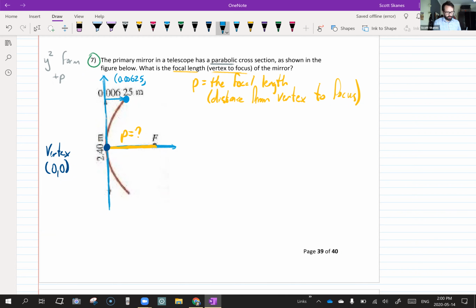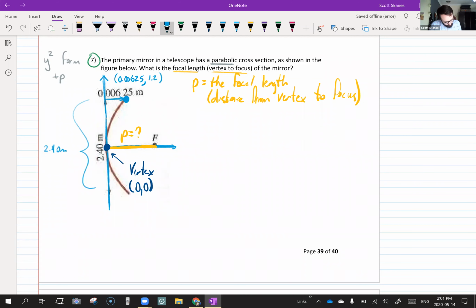Well, the total length is 2.40 meters. That whole length is 2.40 meters. I'm getting ahead of myself here. I've got to move things around to make some space. That total length is 2.40 meters. So half of the length is 1.2, exactly. 1.2 meters.